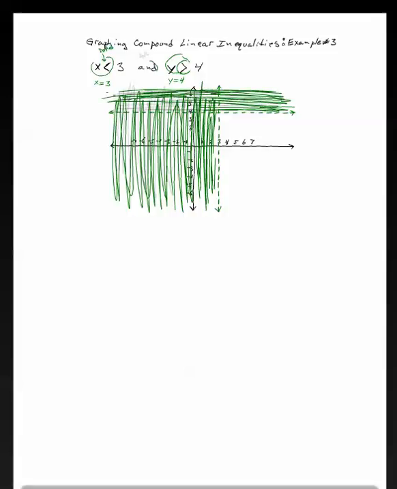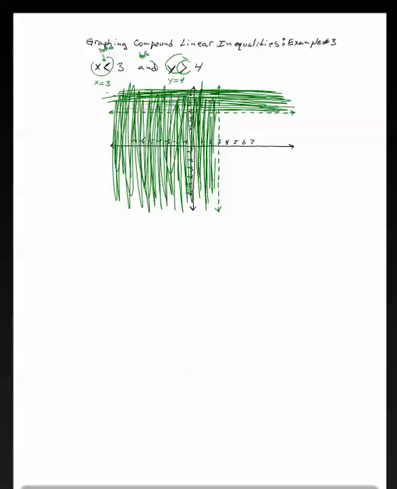Now, remember this was and, so we only want where both regions are shaded. So we wanted everything to the left of x is 3 and everything above y is 4.